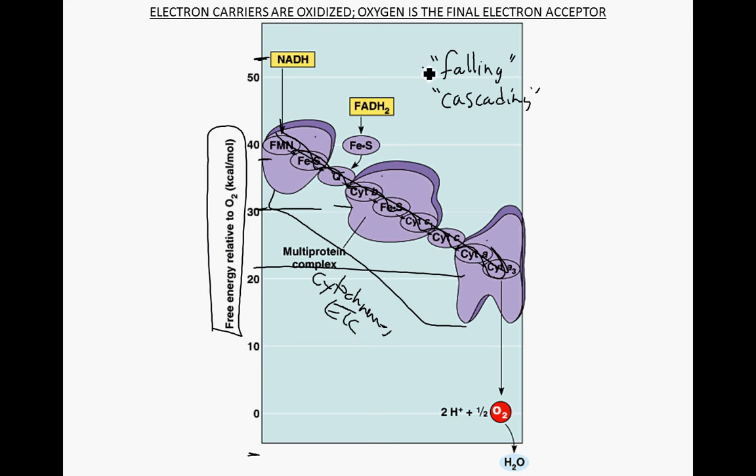And as they fall or cascade down, this is referring to the fact that it's a negative delta G. And this negative delta G is going to be coupled with the positive delta G of doing what? When these electrons move, what's the positive delta G that we do? Make ATP? Yeah, sort of, kind of, but the better answer is that this positive delta G coupled to this negative delta G is making a proton gradient.